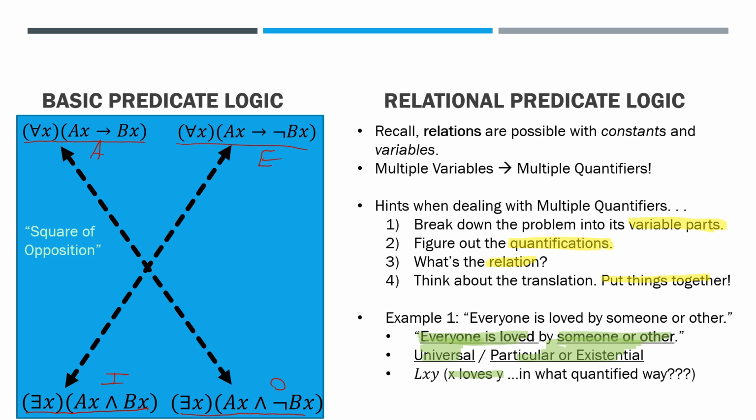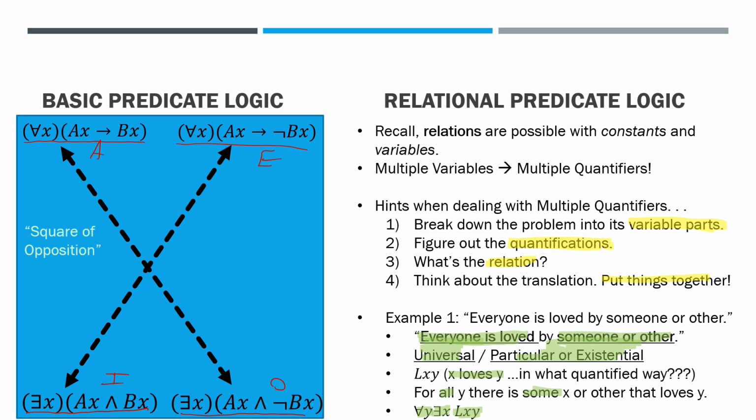Hence, on the one hand, we have something that's universally quantified, and on the other hand, we have something that's existentially quantified. We have for all Y, there is some X or other that loves Y. So we'll translate this as for all Y, there exists some X, LXY.